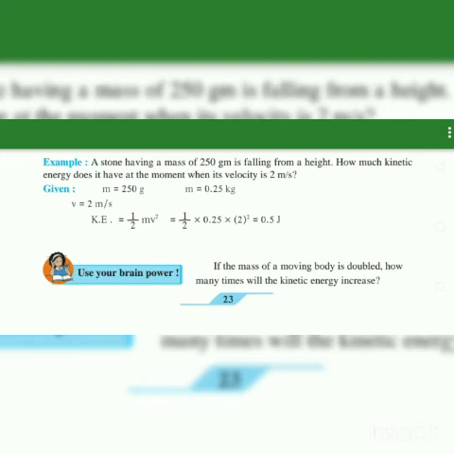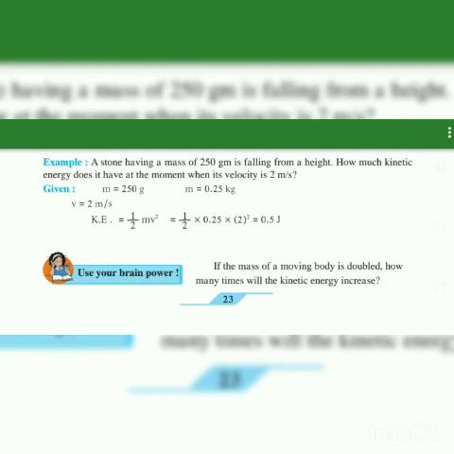So here we are given m equal to 250 gram. We will convert it into kilogram. We know that 1000 gram is equal to 1 kilogram, so 250 gram will be 0.25 kg. And we are given v equal to 2 meter per second.